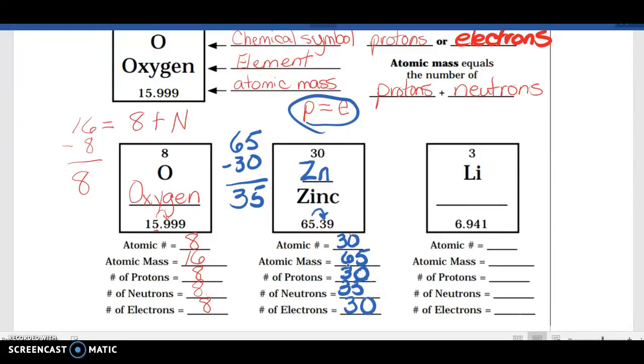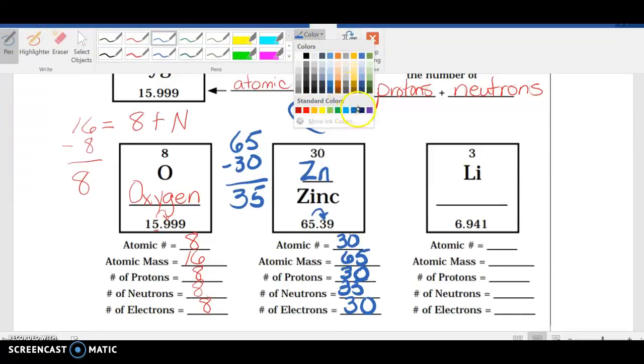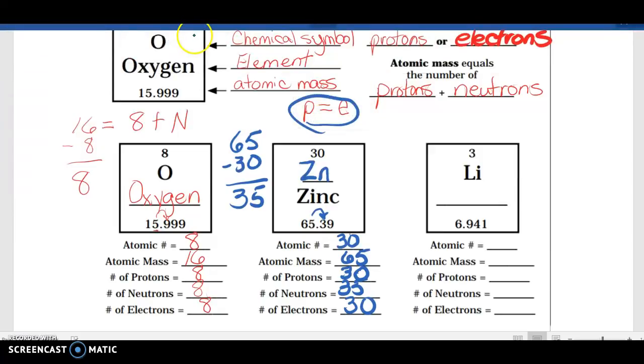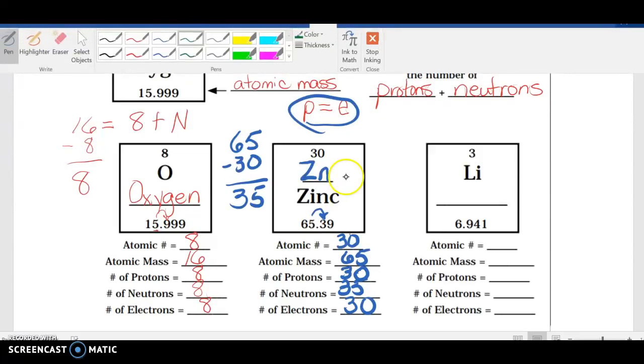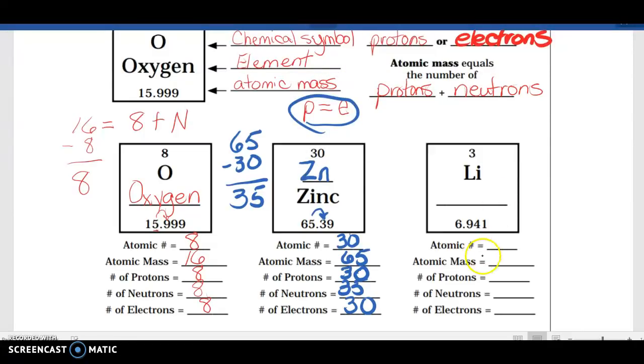So you can kind of set it up here as a subtraction problem right in here. So if you take the atomic mass minus the protons right here, that will give you the neutrons. All right, so let's try the next one.